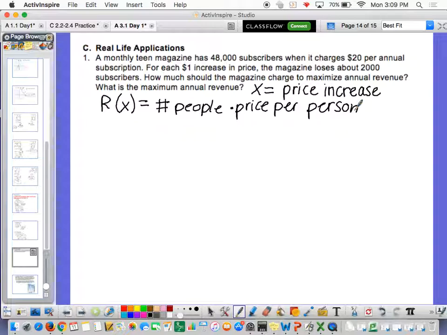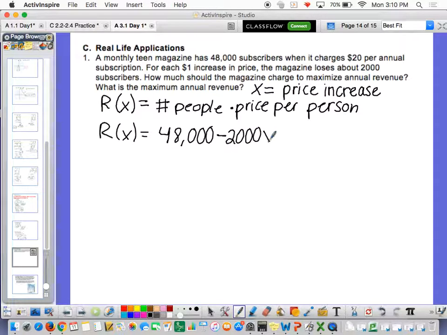The number of people: we started with 48,000 people ordering the magazine, and we lose 2,000 people per price increase. And then times the price per person: the price starts at $20, and it's going to increase by whatever we decide to increase it to.